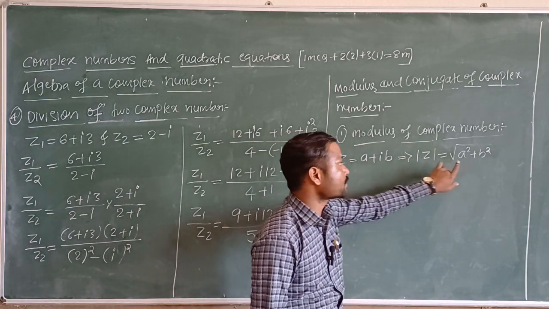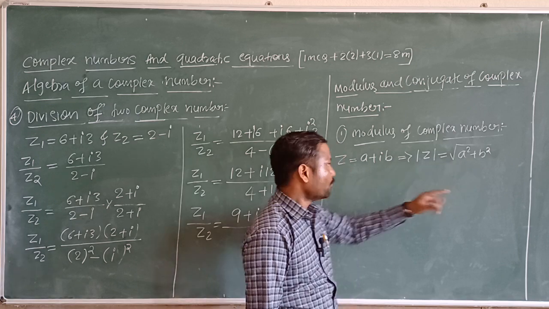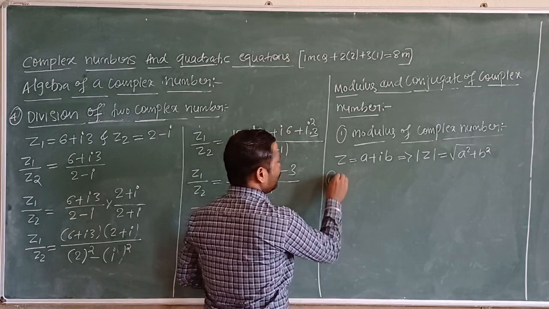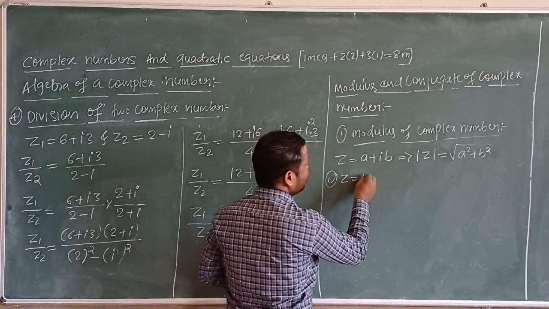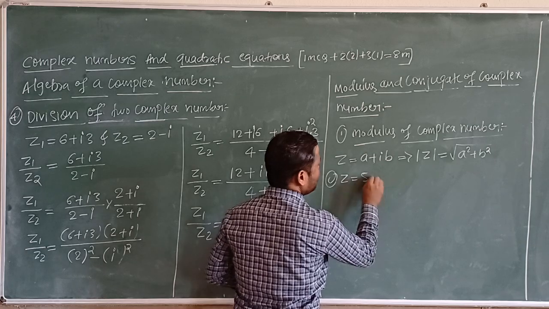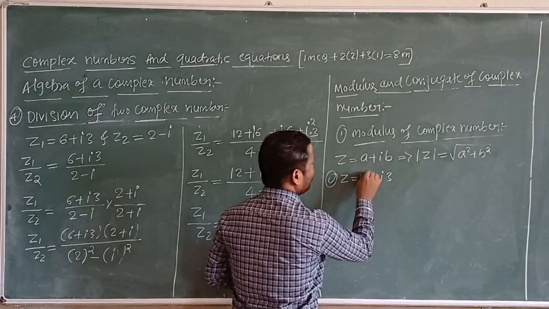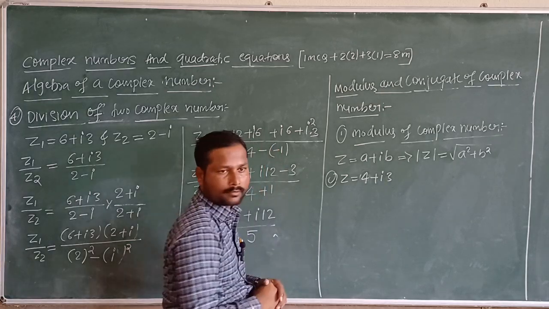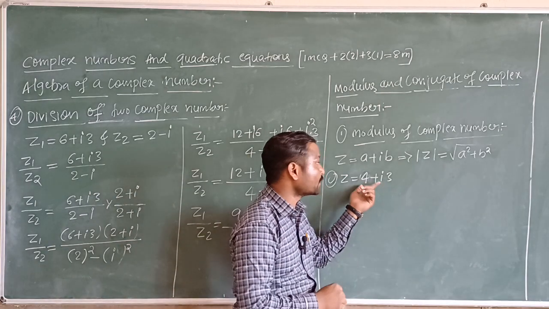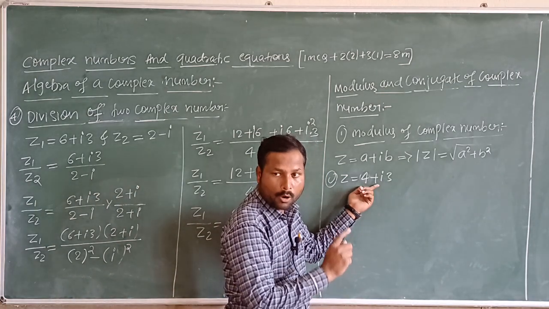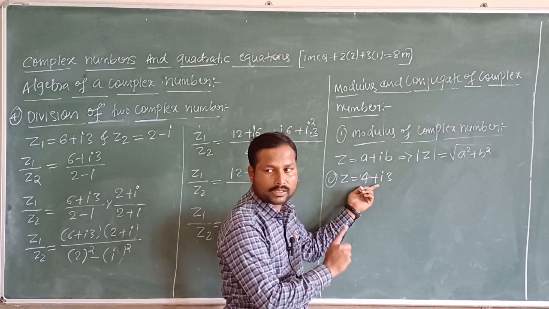This is the modulus formula. Let us take a number and check an example. Take Z equals 4 plus I3. Find the modulus for the given complex number.